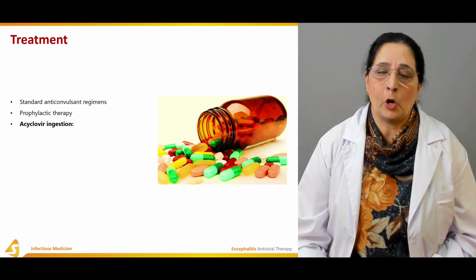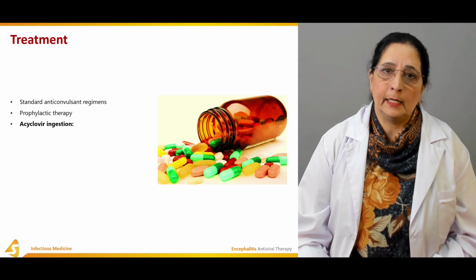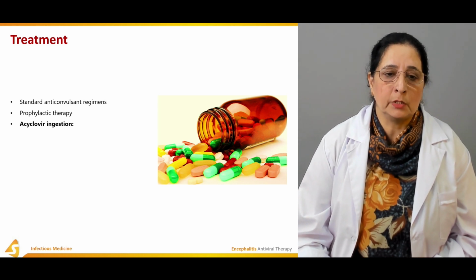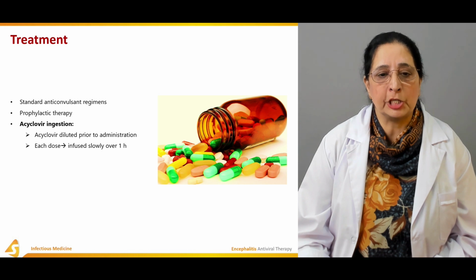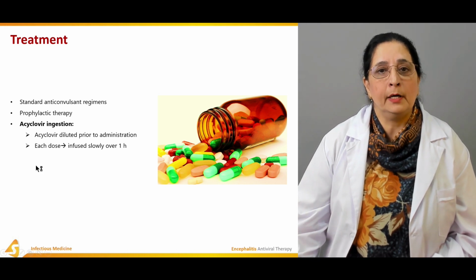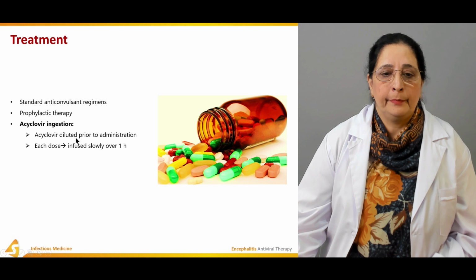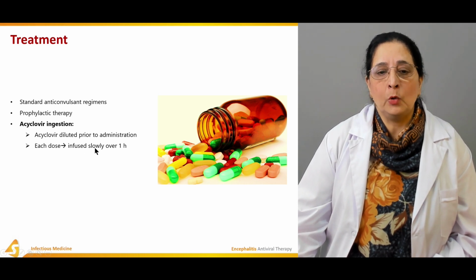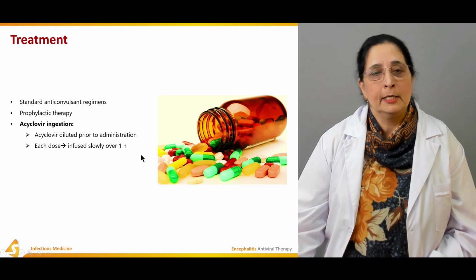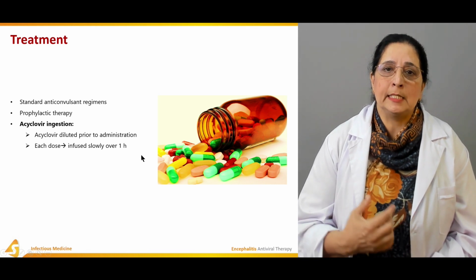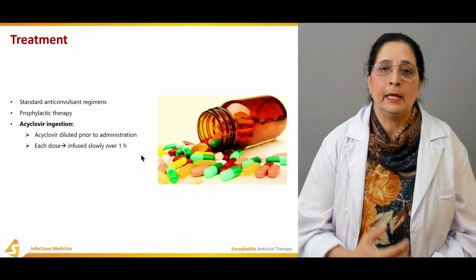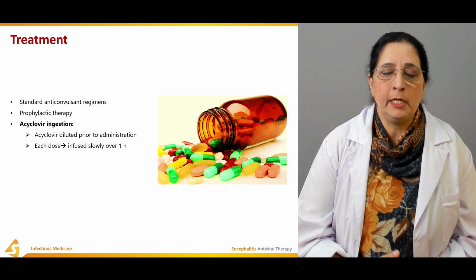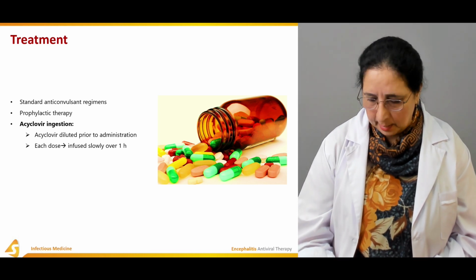Acyclovir is a very common antiviral therapy that can be used. Acyclovir is diluted before administration. Each dose is infused slowly over 1 hour. So Acyclovir is diluted before giving, and it is given slowly over a period of 1 hour.